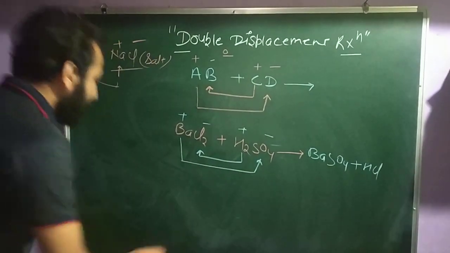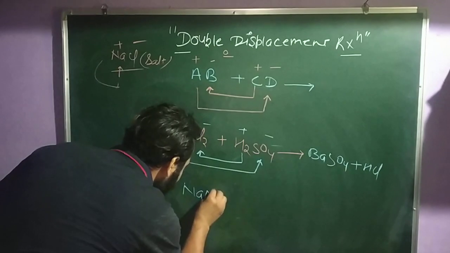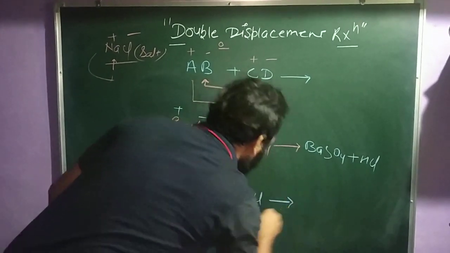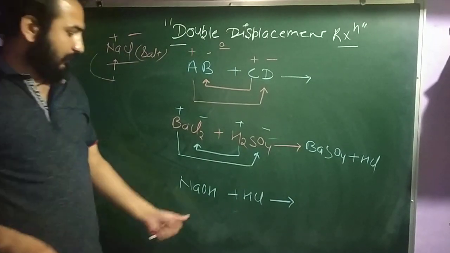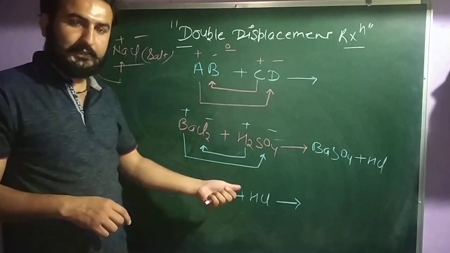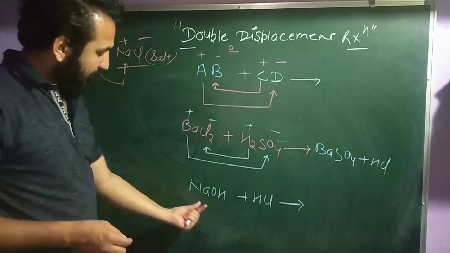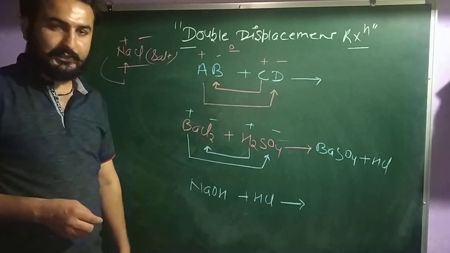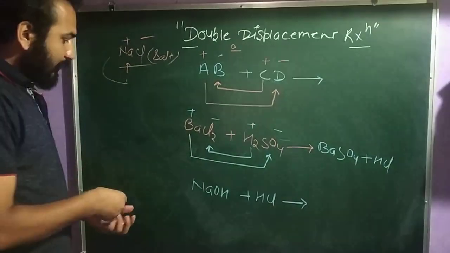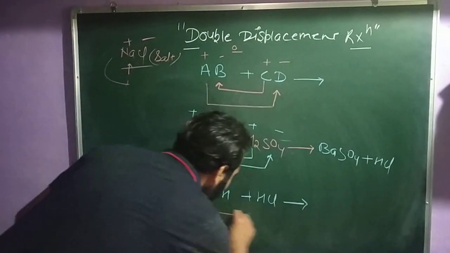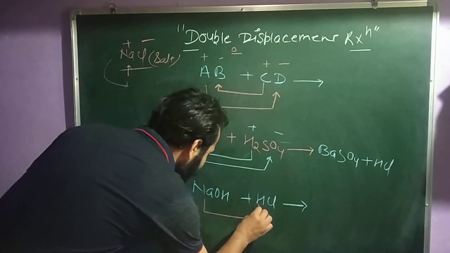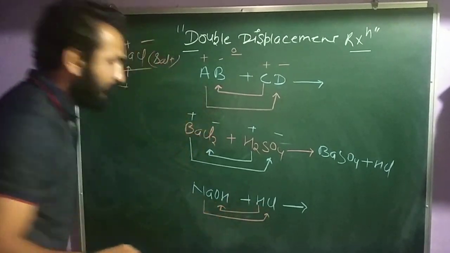Another example you have is NaOH plus HCl. This NaOH stands for sodium hydroxide. You can say caustic soda. Clear? NaOH is reacting with HCl, called hydrochloric acid. In the same manner, the positive part of the first is combined with the negative part of the second, and the positive part of the second is combined with the negative part of the first.